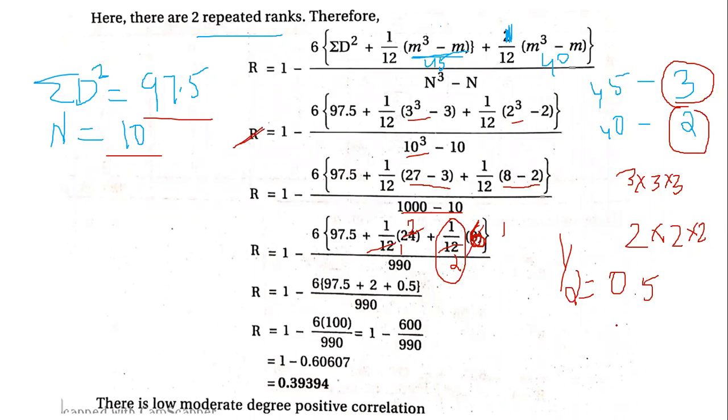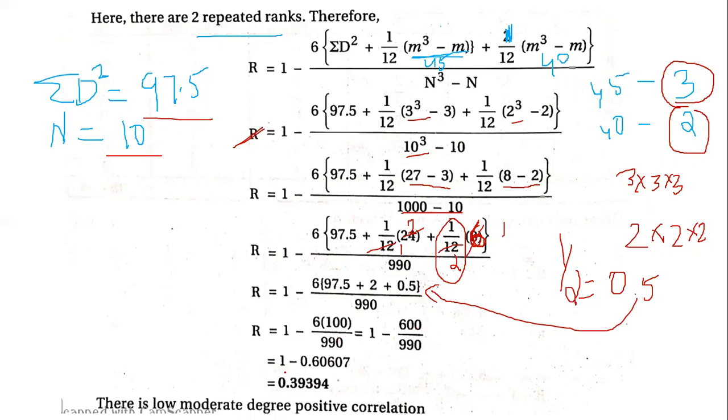So that is why I take the 0.5 here, divided by 990. Next, 1 minus 6 into 97.5 plus 2 is 99.5, plus 0.5 will give me exactly 100. So 6 into 100 by 990. So next step is 1 minus 6 into 100 is 600, 600 by 990.